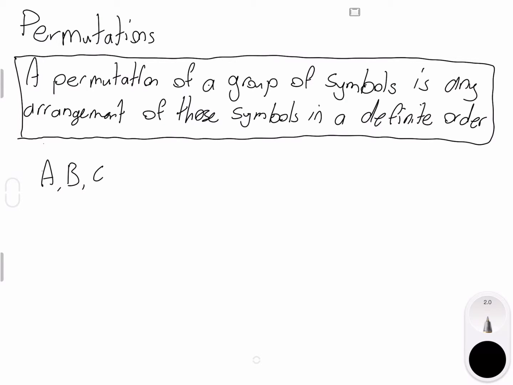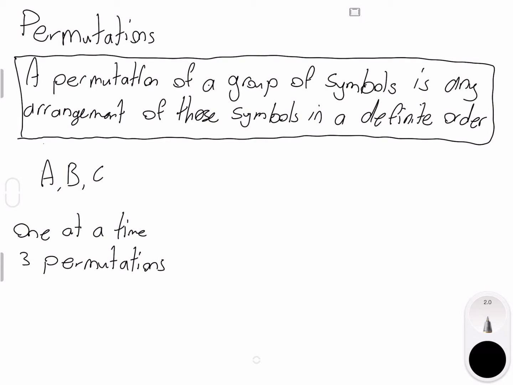I'd have A, B, or C if I was to pick out one at a time. So that means that if we go one at a time, there's three permutations.